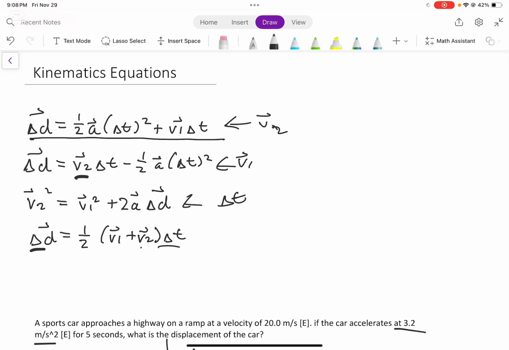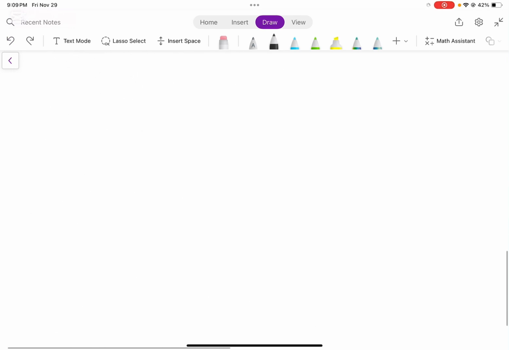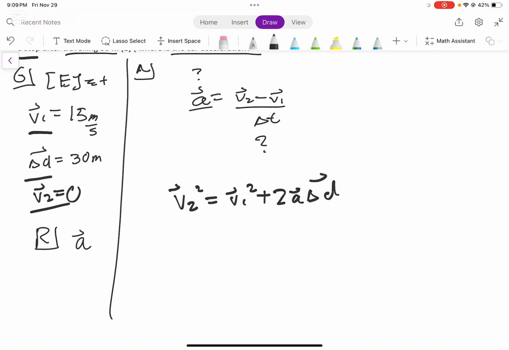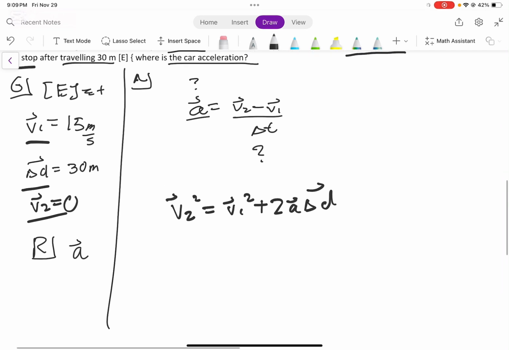This one here has a V2, but it doesn't have a V1, and it has delta T. This right here has V2, V1, and delta D, and acceleration, what we're looking for, and no time. So we should probably use that equation. So that's going to look like V2 squared is equal to V1 squared plus 2A delta D. So that's our equation that we have.